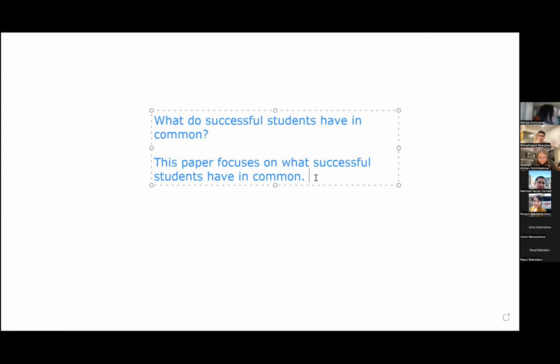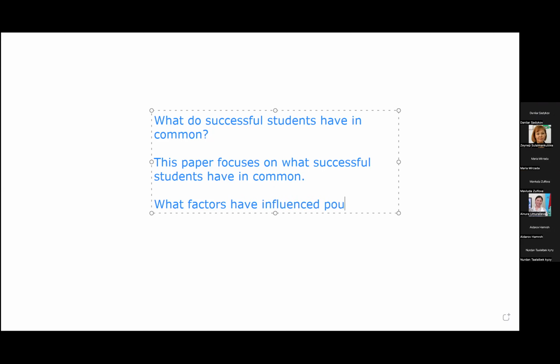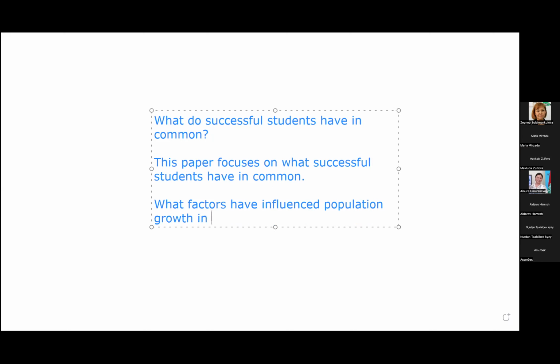Or, for example, what factors have influenced population growth in the fastest growing countries, right?